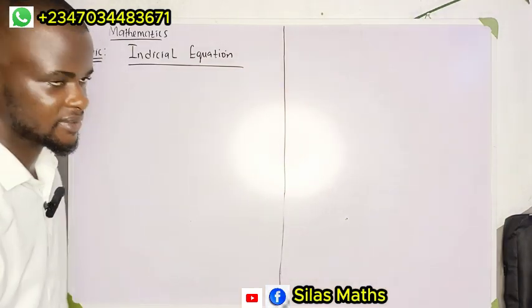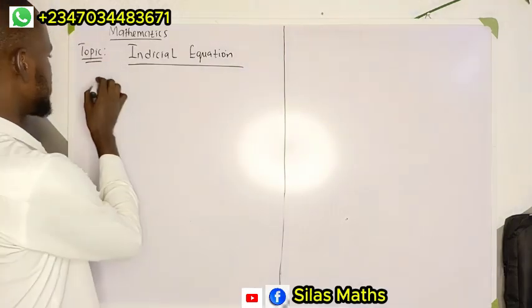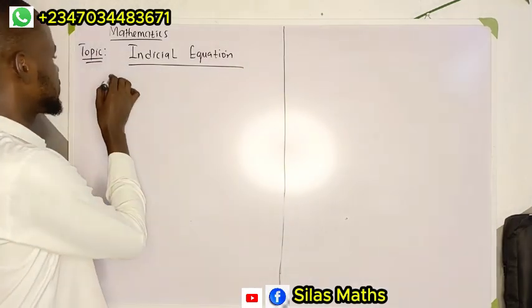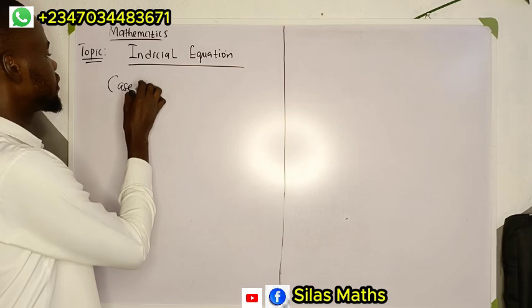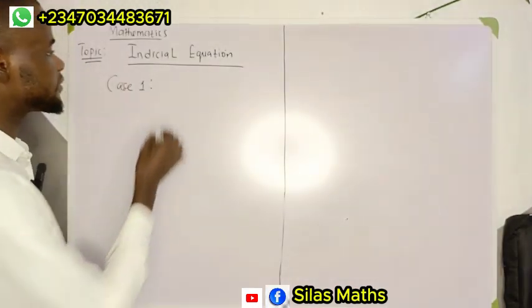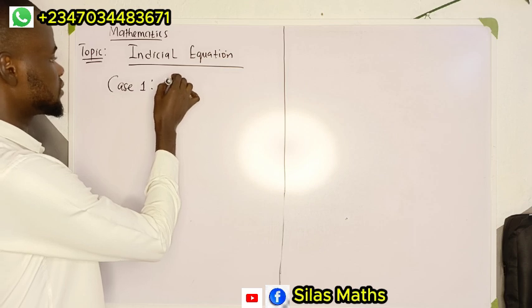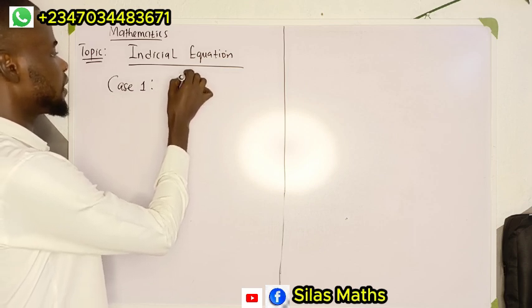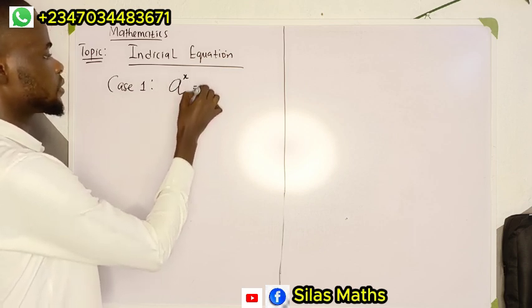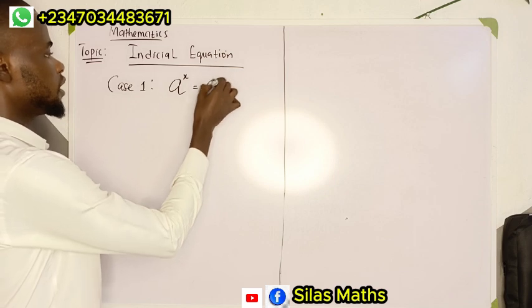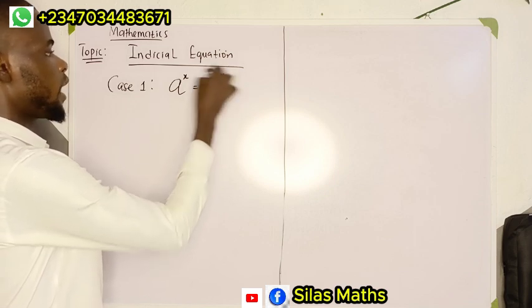two cases. There are two cases that will play a role in solving this problem. Case one is this: when we have this equation, let's say a to the power of x equal to a to the power of y.